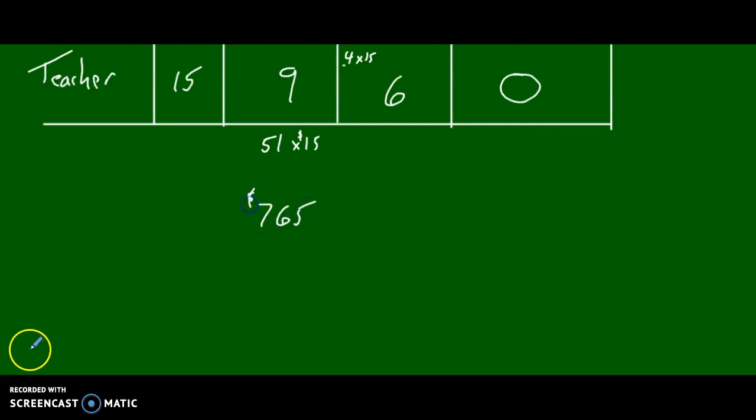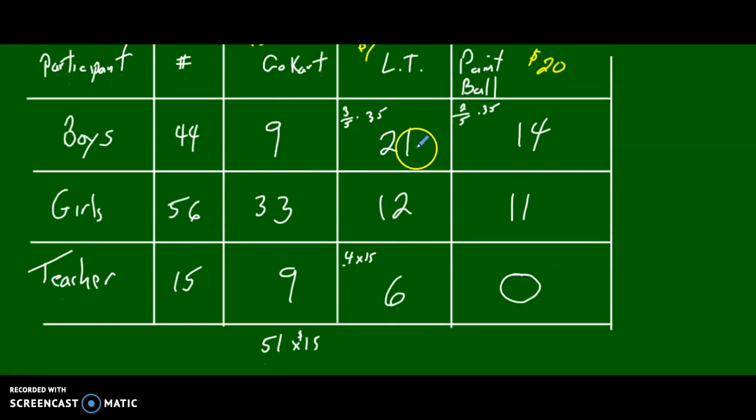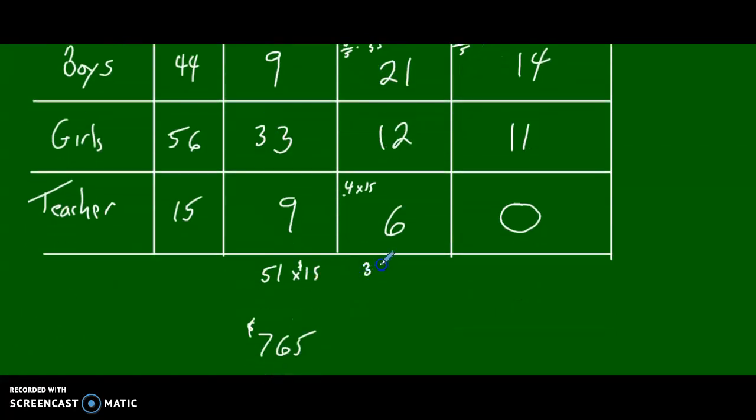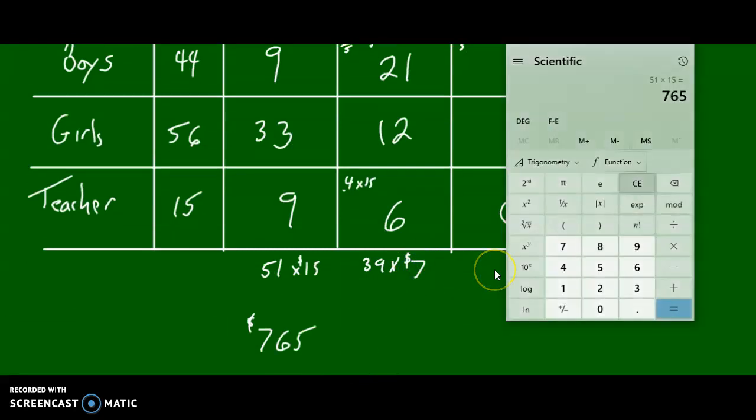And then we got 21 plus 33, that's 33 and 6 is 39 times, what was the price of that? $7. What's 39 times 7? 39 times 7 equals $273.